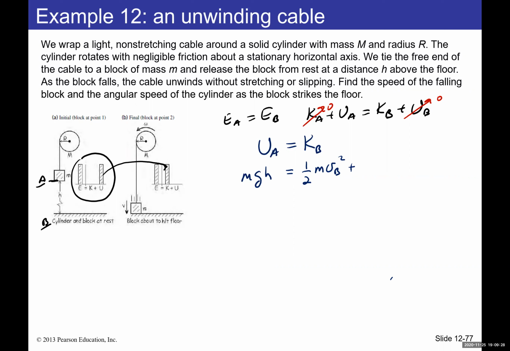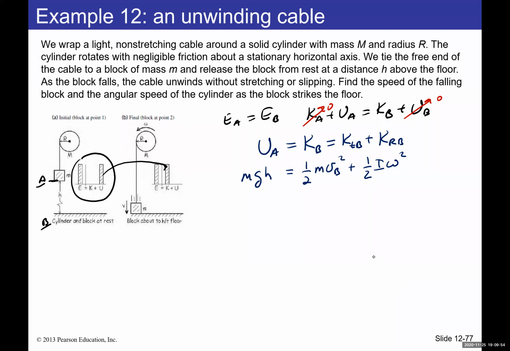But I also have a pulley that has rotation, so it's 1/2 I omega squared. Remember, that's a rotational kinetic energy. It means this is the translational kinetic energy at B plus the rotational kinetic energy at B. I have one object that's moving rotationally, and the other one is linear motion. That means this is my equation.